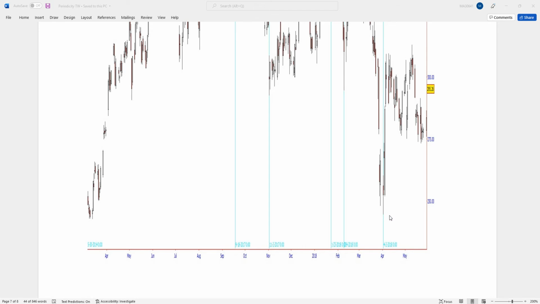This is a great example of how these numbers align and allow you to make a prediction in price and time, just as WD Gann had done. So this is an important point. Now we did the time measurement yesterday, so refer to that video for that. Now we're going to move into the price element of this.